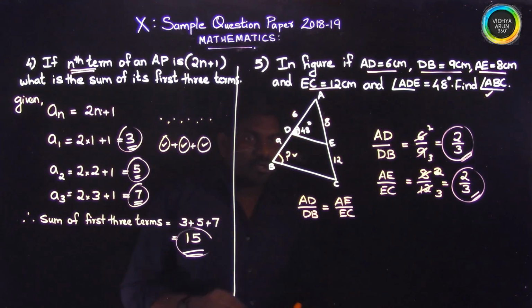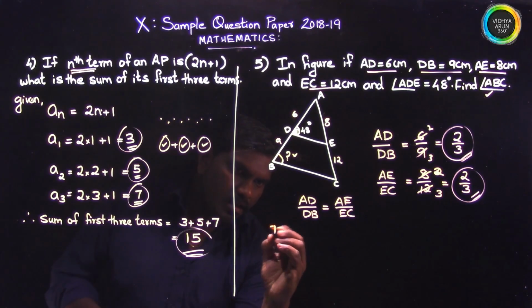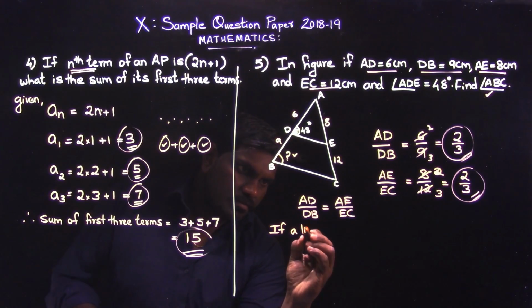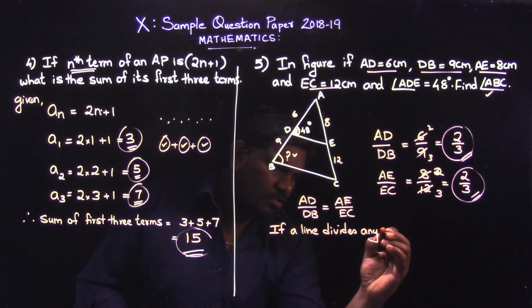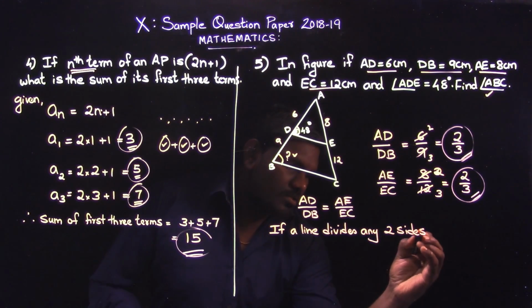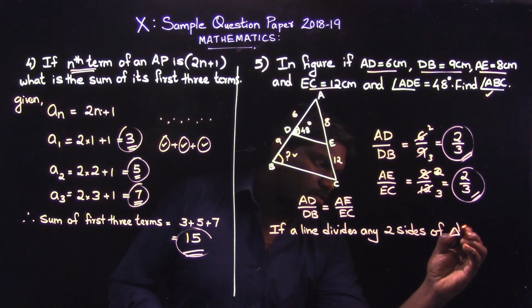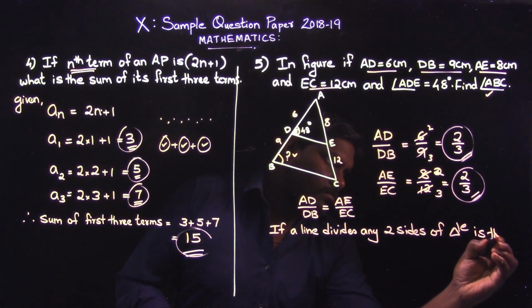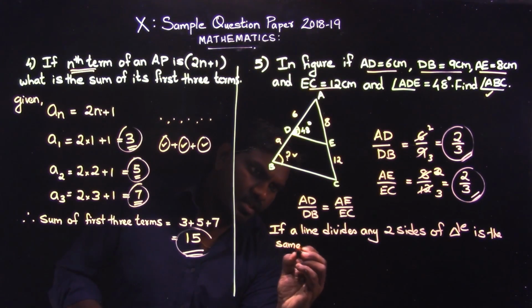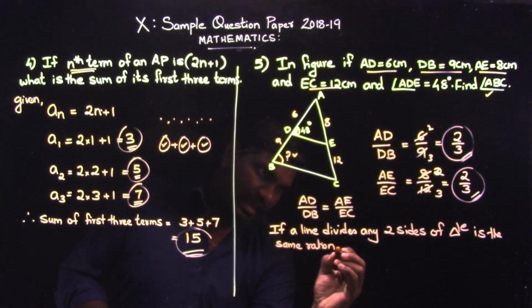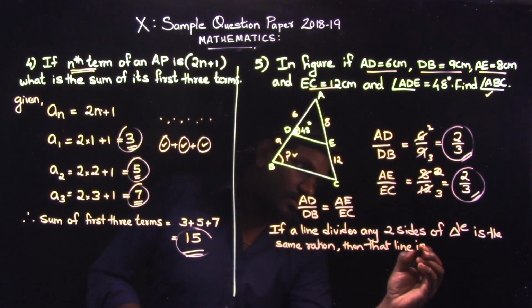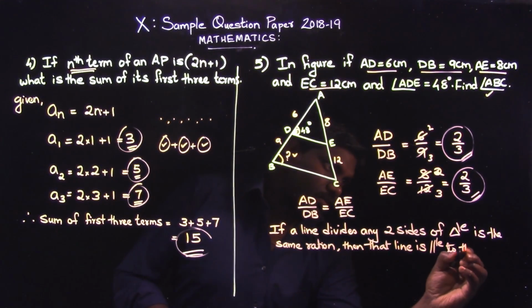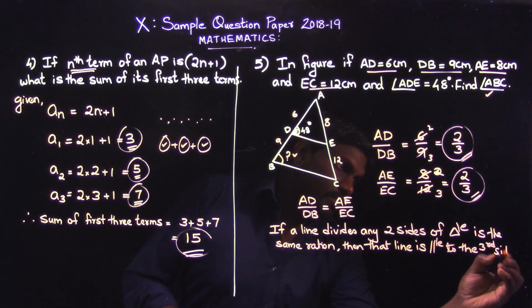And the most important thing here: when the ratios are the same, that means if a line divides any two sides of a triangle in the same ratio, then that line is parallel to the third side.